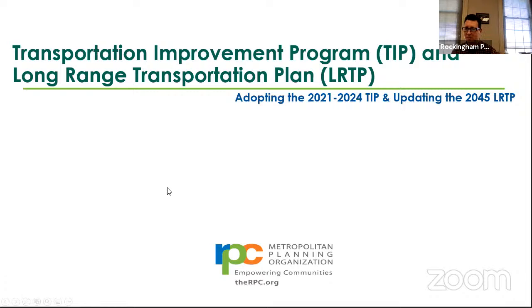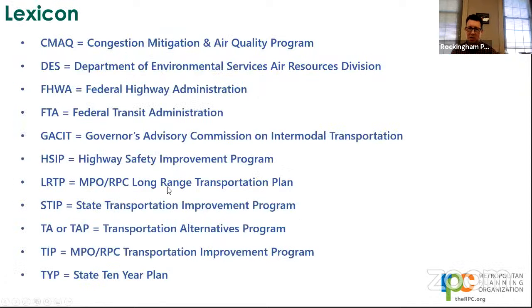First, let me get some of these acronyms out of the way, since I'm going to use them throughout the meeting. They're listed in alphabetical order here. CMAQ is the Congestion Mitigation Air Quality Program. DES, Department of Environmental Services.